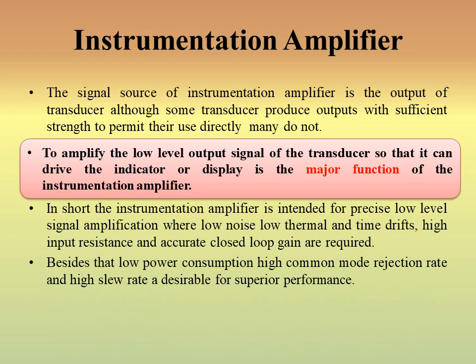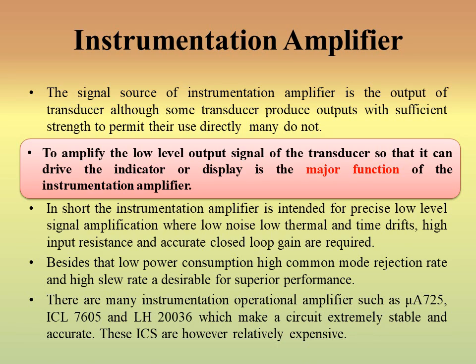Besides, low power consumption, high common mode rejection ratio and high slew rate are desirable for superior performance. So any operational amplifier that is acting like an instrumentation amplifier should have low power consumption, high common mode rejection ratio, and high slew rate, so that it can show its superior performance.